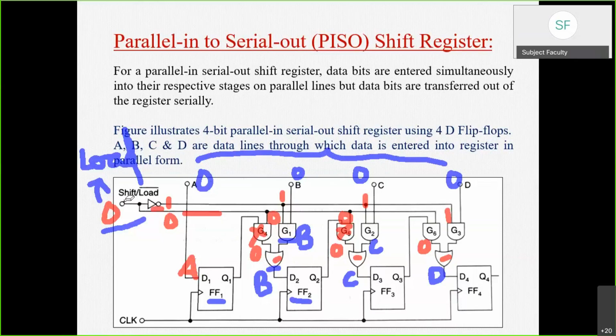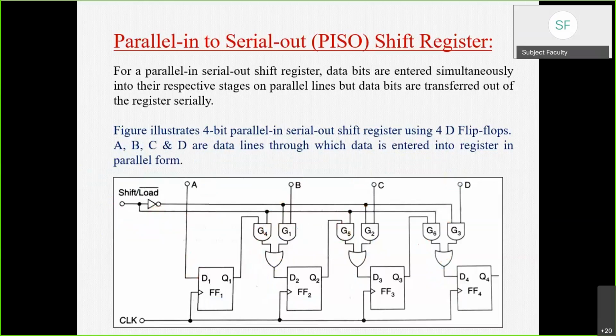Now we have considered shift/load bar equal to 0. Another mode is when shift/load bar becomes 1. Then what will happen? We will just see. Now shift/load bar is 1. The line above is the output of the NOT gate.